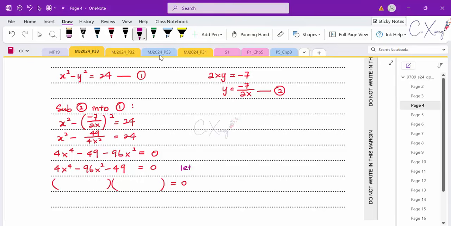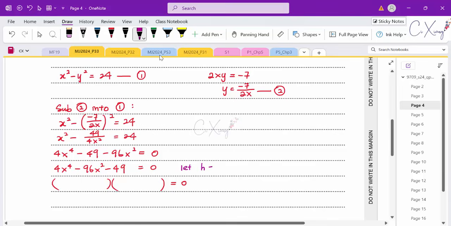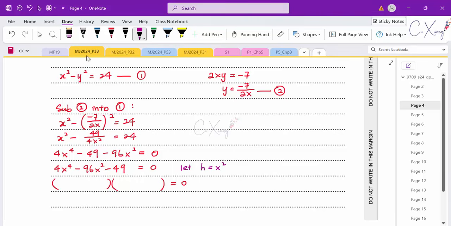You can let maybe h equals x squared. So from there, you can see that it is 4h squared minus 96h minus 49, which is a quadratic equation. If you can't observe that this is a quadratic form equation, you can apply this method. For me, I can see very clearly, so I can directly factorize them.